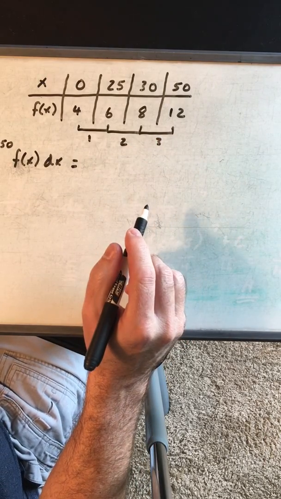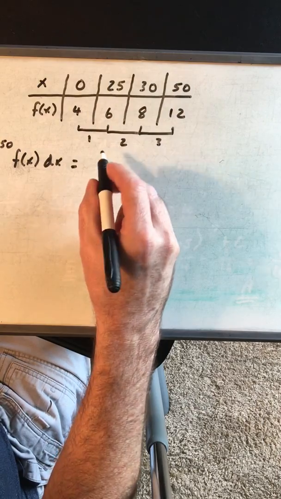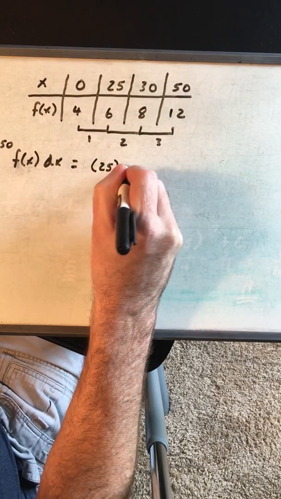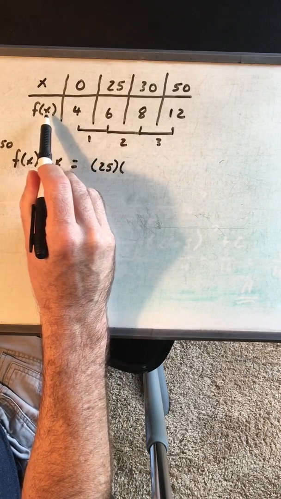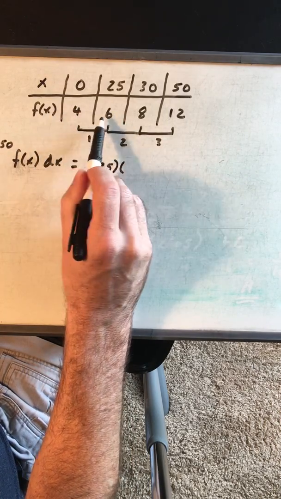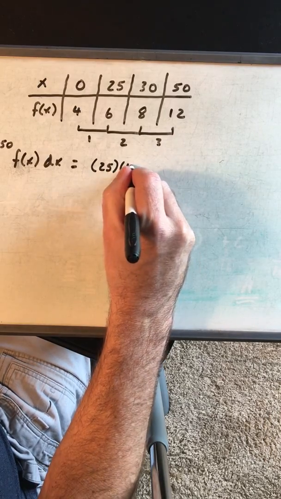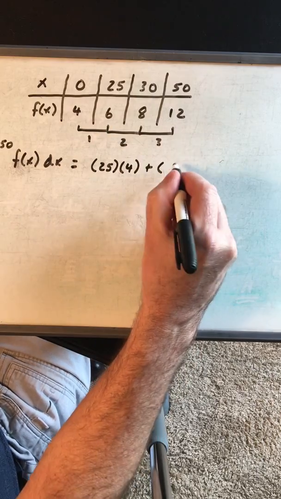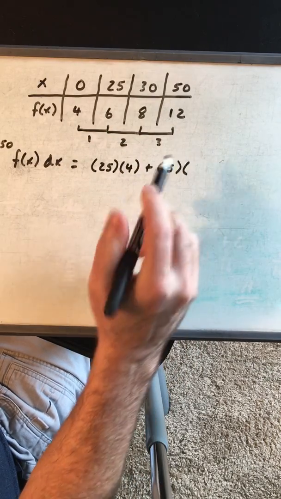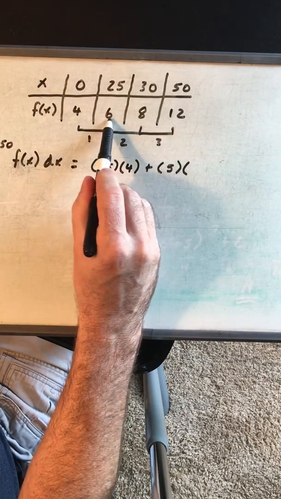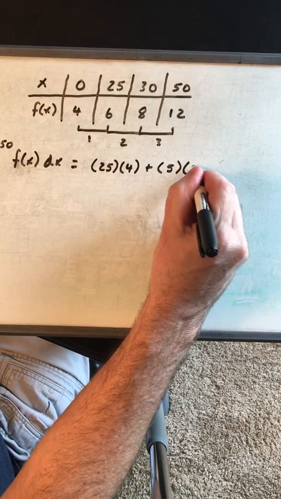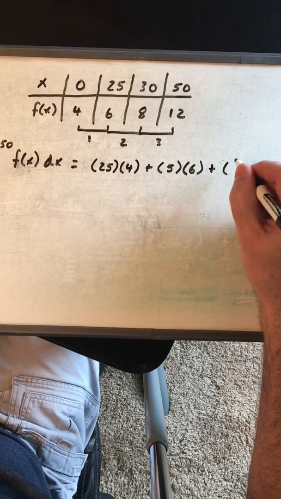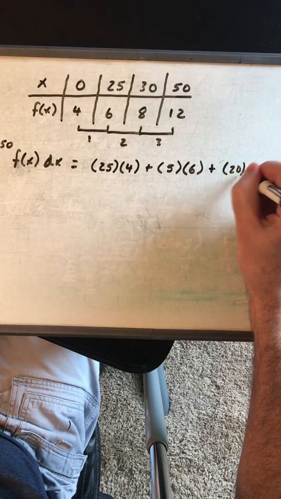All right, rectangle 1 has a base of 25, 0 to 25. The base comes from the x. The y value, the left height is 4. Rectangle 2 has a base of only 5. What is the height? It's the left of the 2, which is 6. And then rectangle 3 has a base of 30 to 50 is 20.